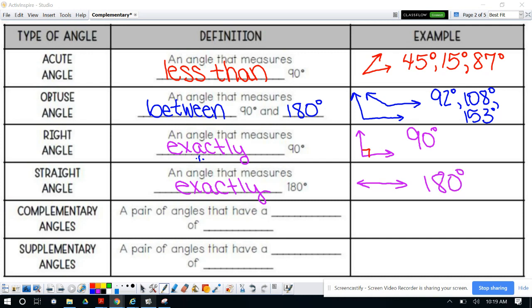Then we're going to talk about relationships of angles for a little bit, and we're talking about two kinds, complementary and supplementary. Complementary angles, it's a pair of angles that have a sum of 90 degrees. And sum means we add. So that means when we add them together, we get 90 degrees. So I might have a situation like this.